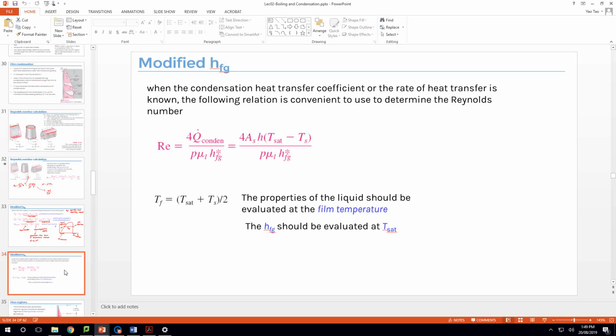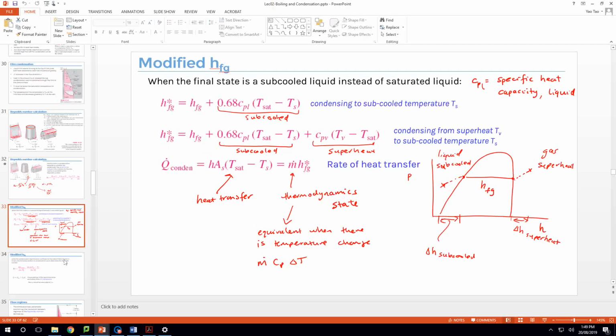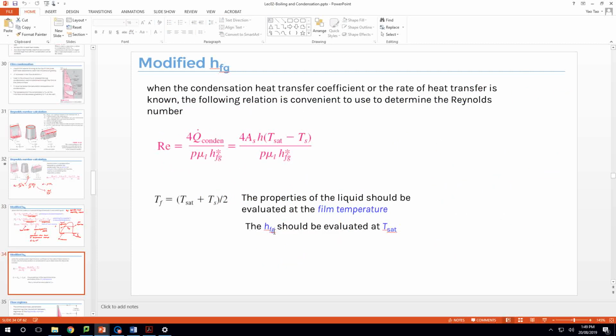The film temperature should be the average of surface temperature and the saturated vapor temperature, because the film might actually be at the average of these two. However, the only thing that's different is your HFG utilized in this formula should be found from the saturation temperature.